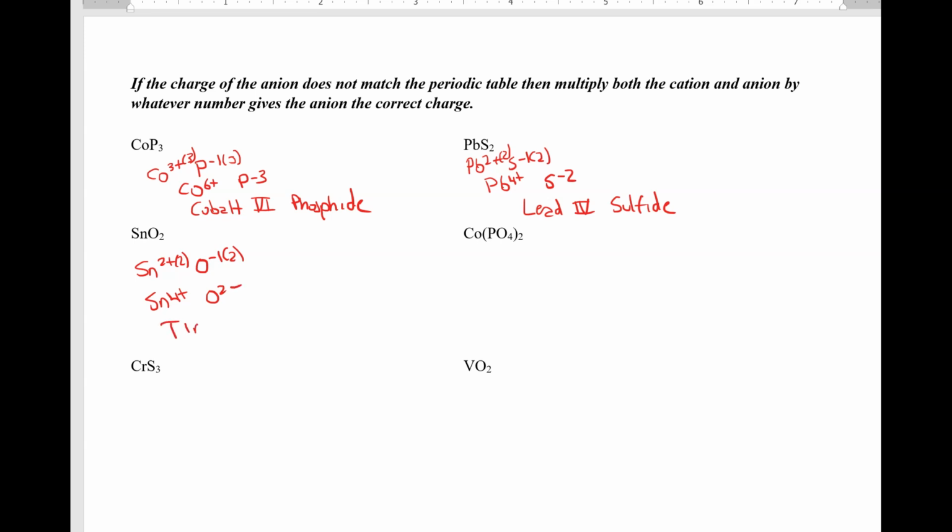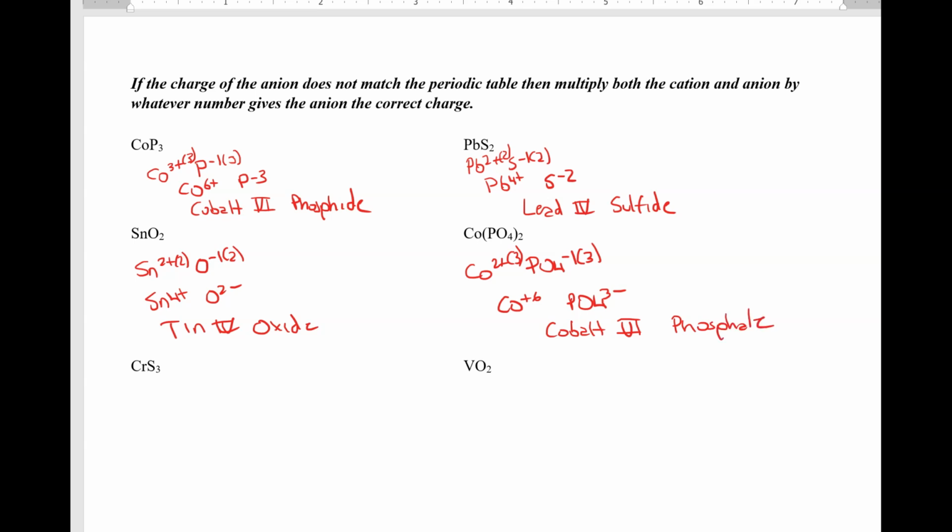So now we have tin(4) oxide. Here, once again, on crisscross, Co positive 2, PO4 negative 1. We know PO4 should be a negative 3, so we're going to multiply both of these by 3. Co positive 6, PO4 negative 3, so cobalt(6) phosphate.